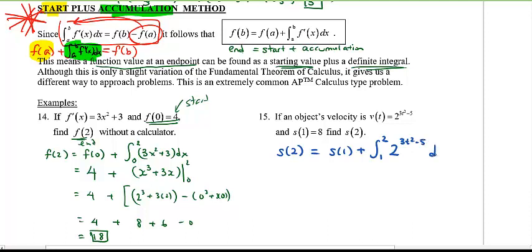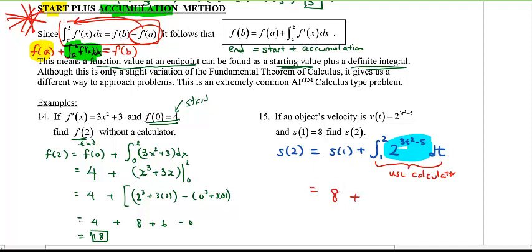And then don't forget notation, dt. Now, if you're going to try to anti-differentiate this by hand, I wish you good luck, because I don't even know what this is. So if you can't do it by hand, go and use the calculator. Use the calculator to figure that out for you. So s of 1, that's 8.